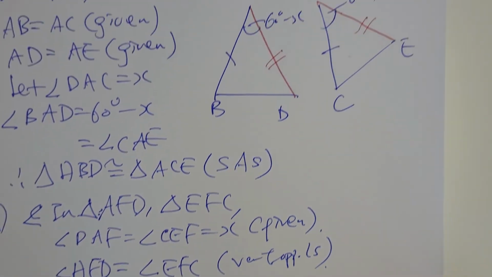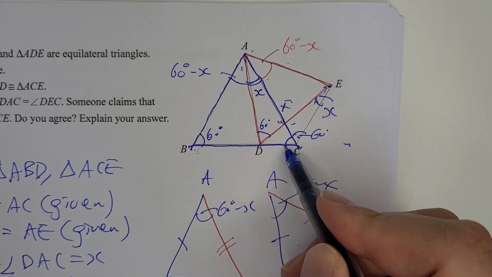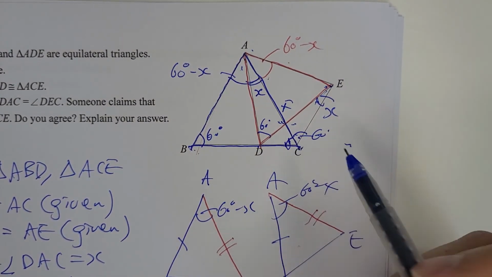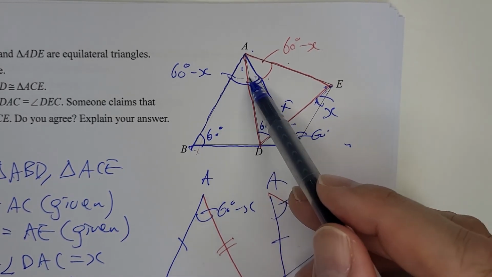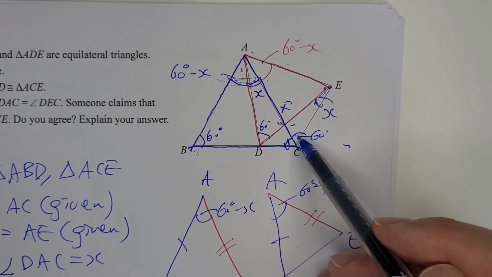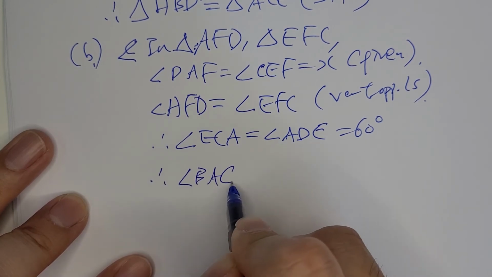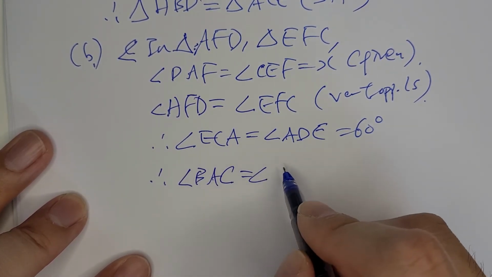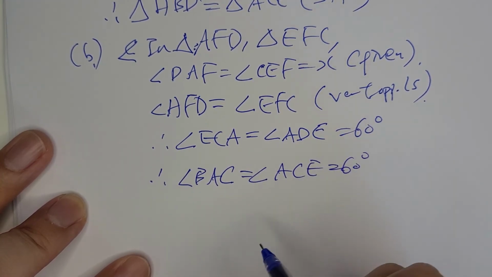So go back to here. This is 60 degrees, and this is also 60 degrees. Can we use alternate angles equal? Yes, you can use alternate angles equal. This whole angle is 60 degrees, and this is 60 degrees. So done. Therefore, angle BAC equals angle ACE equals 60 degrees.